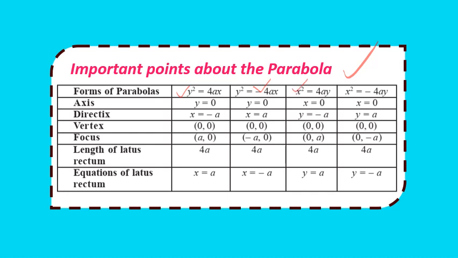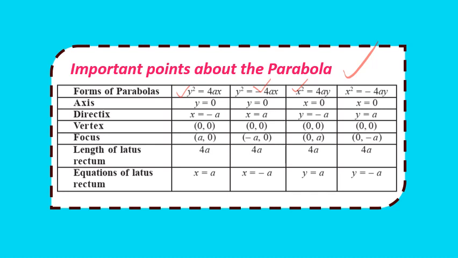Third form, that is if it is in the form of x square equals 4ay, then the axis is x equals 0, directrix is y equals minus a, vertex is (0, 0), focus is (0, a), length of the latus rectum is 4a, equation of the latus rectum is y equals a.